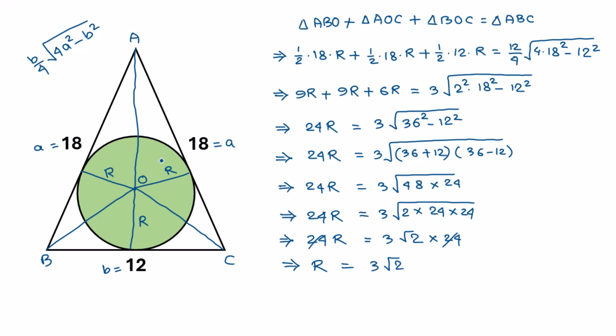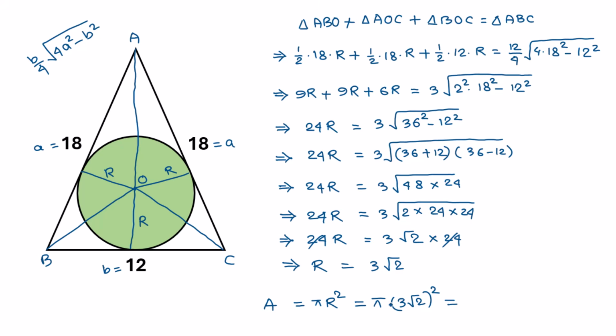So the area of this circle is pi times r square. This is the formula for the area of a circle. Now substitute the value of r. We can write pi times 3 times the square root of 2, whole square.